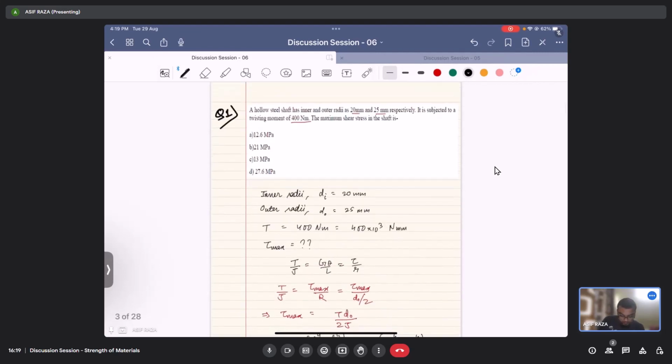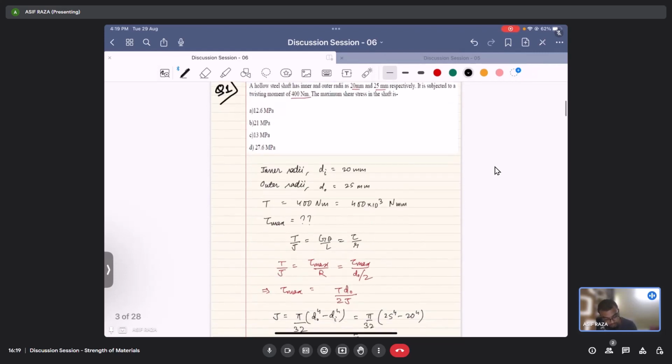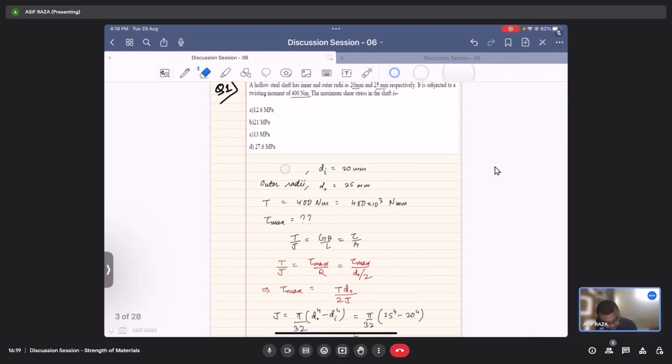Okay, one thing to correct, this inner radii, it's not radii, the given thing is diameter, so I'll modify this to inner diameter, outer diameter, and this would be equal to 2 times 20, that would be 40 mm, 2 times 25, that would be 50 mm.